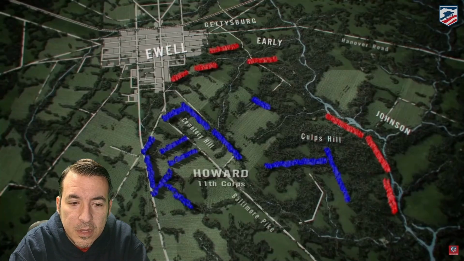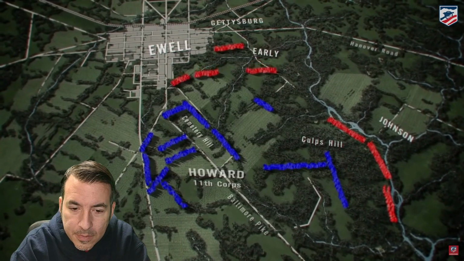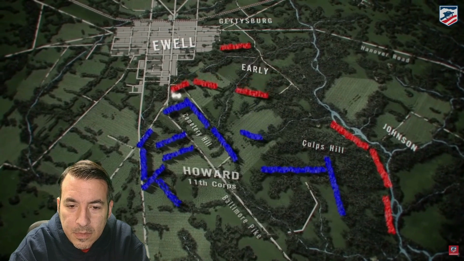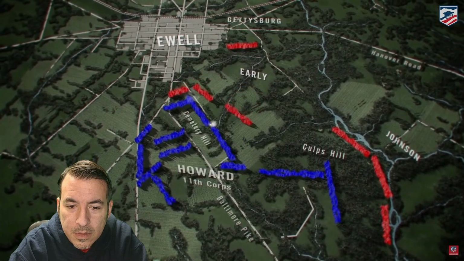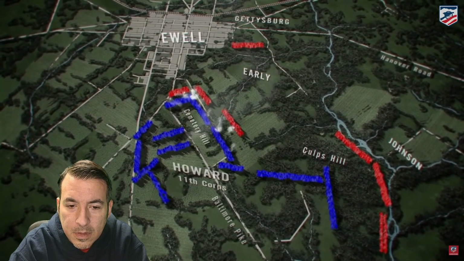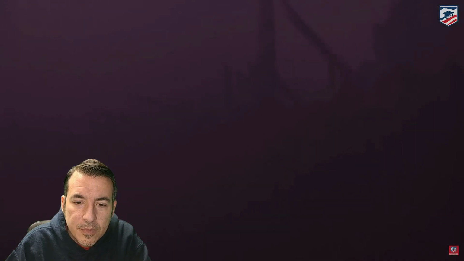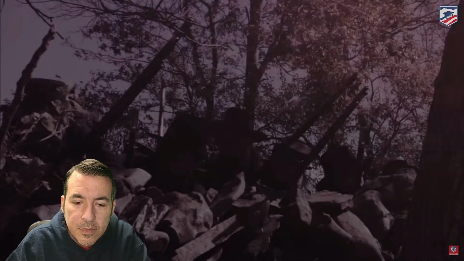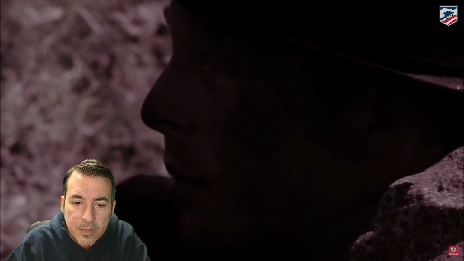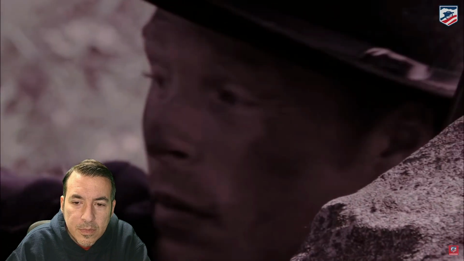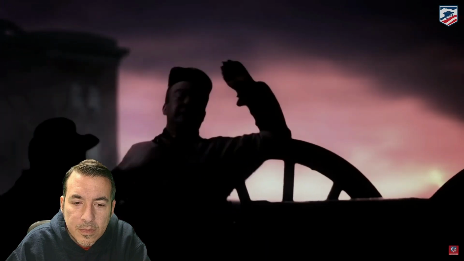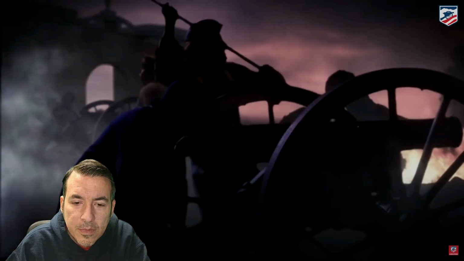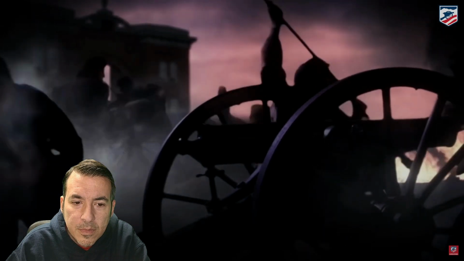At dusk, General Ewell moves on the Union right. 2 of Jubal Early's brigades sweep toward Cemetery Hill, obscured by the gathering darkness. The Union line is thinly held by battle-weary 11th Corps soldiers. Louisianans and North Carolinians overwhelm them.